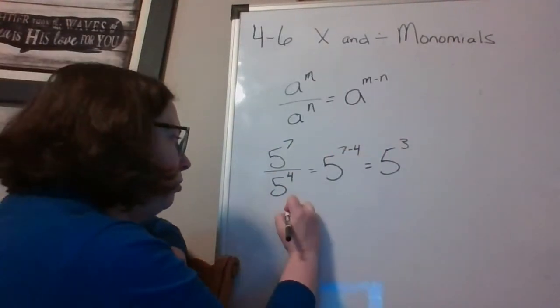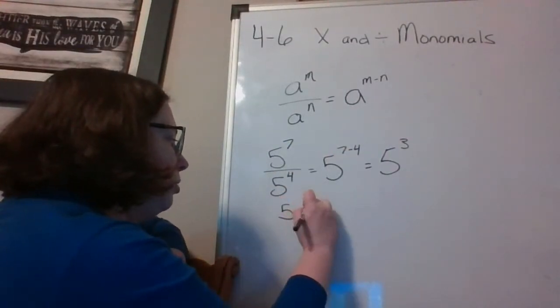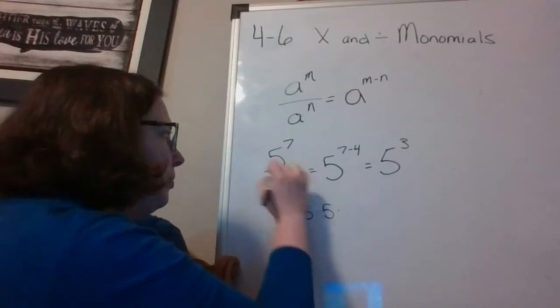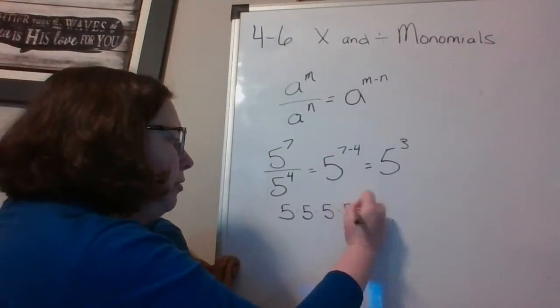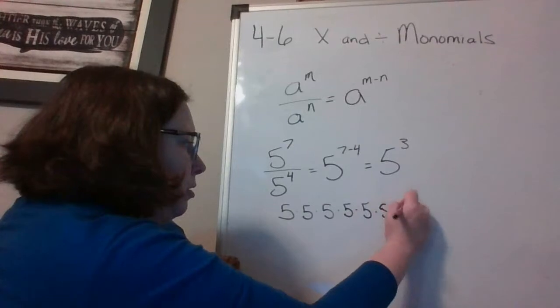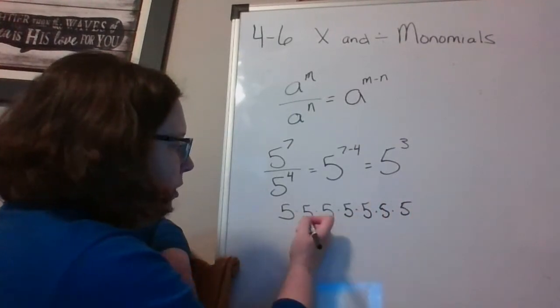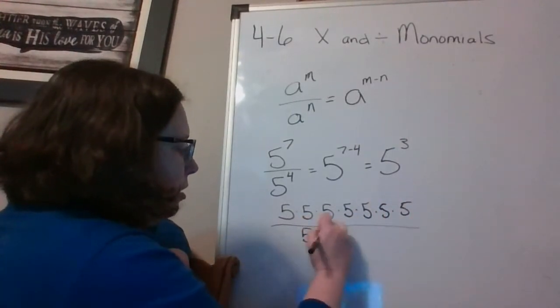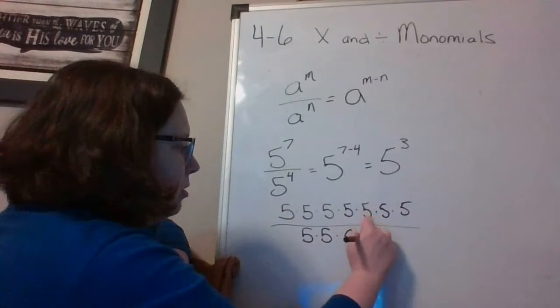Again, if you forget the rule, what you can do is expand this and say, okay, I have 7 5's: 1, 2, 3, 4, 5, 6, 7. And then I have 4 5's.